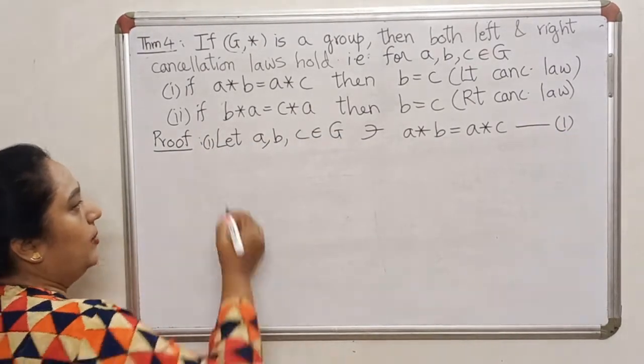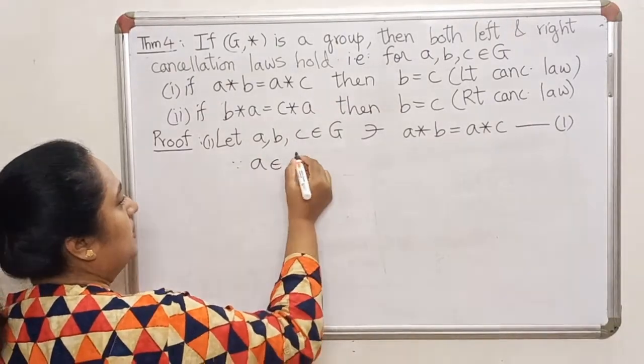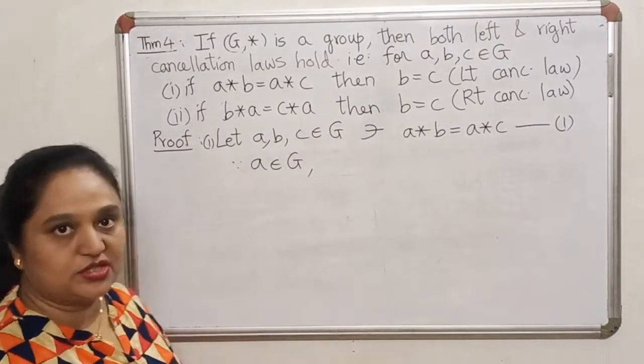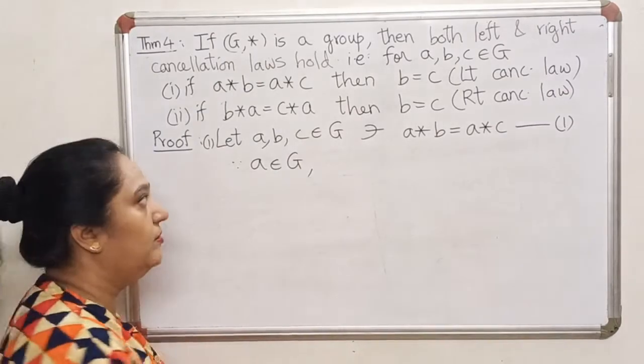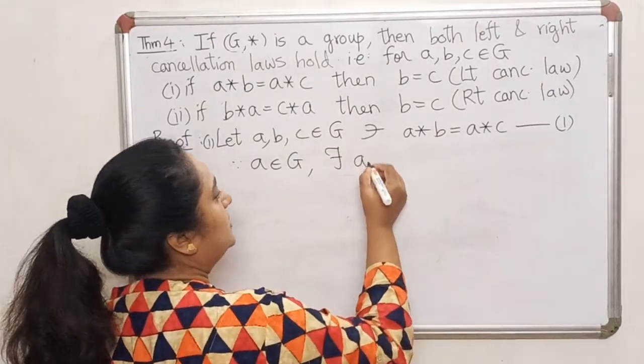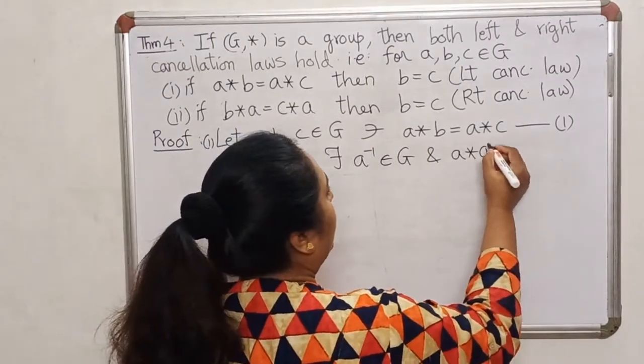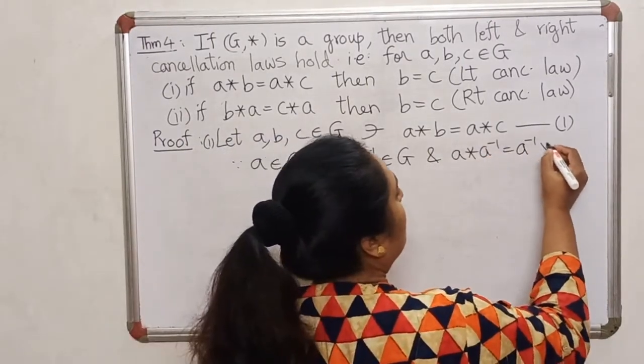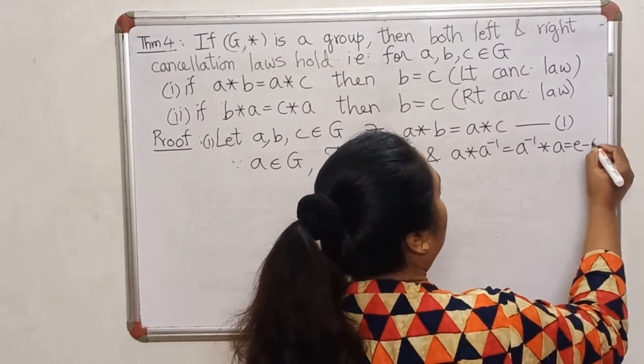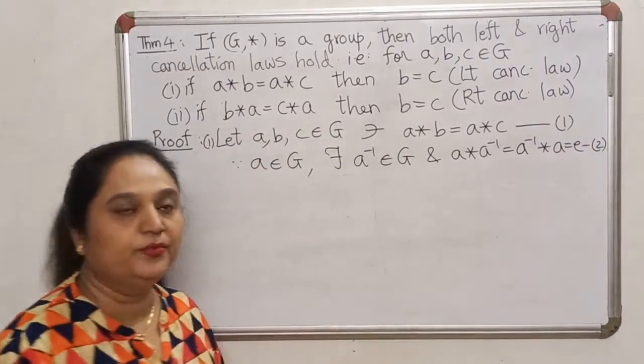Now A is an element of G. Since A is an element of G, which is a group, A must have an inverse. So there will exist A inverse in G, and A combined with its inverse is going to give me identity. Let me call this equation 2.